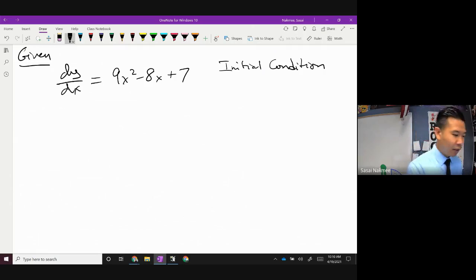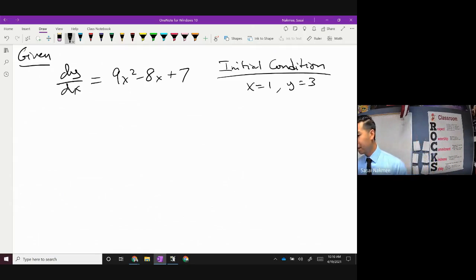And that initial condition is that when x is equal to 1, y is equal to 3. All right, so we got that right there.